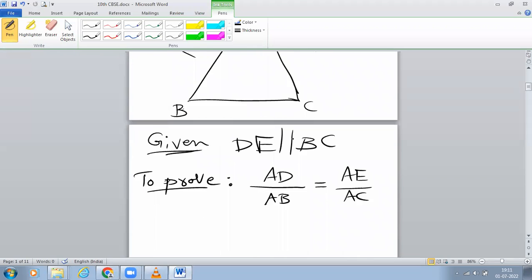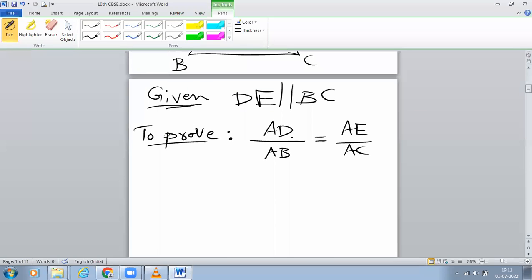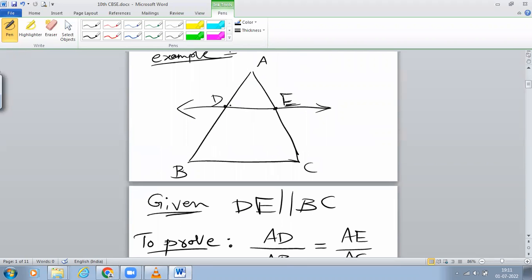Therefore, because it is given that DE is parallel to BC, we can apply Thales theorem. Since DE is parallel to BC, we can write AD by DB, because this point D divides the side AB into two parts, AD and DB.